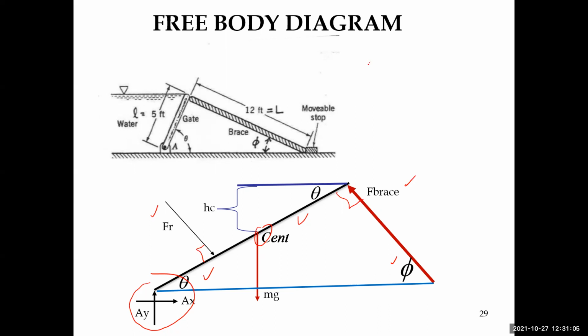And also, we have to show our assumed coordinate system. Say this is X and this is Y, but it doesn't matter which direction I show as plus X or plus Y. I can also show a coordinate system that maybe would look like this.